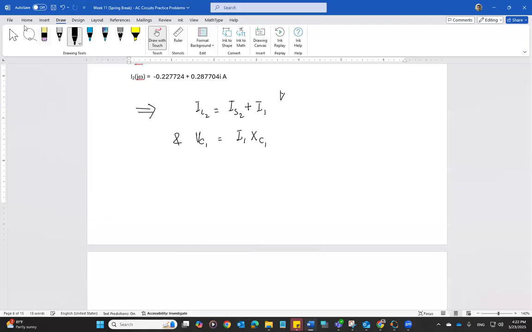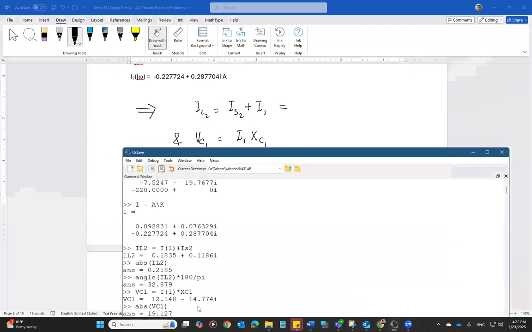Equals, where is it? IL2. Okay, so it is 0.1835 plus j 0.118.